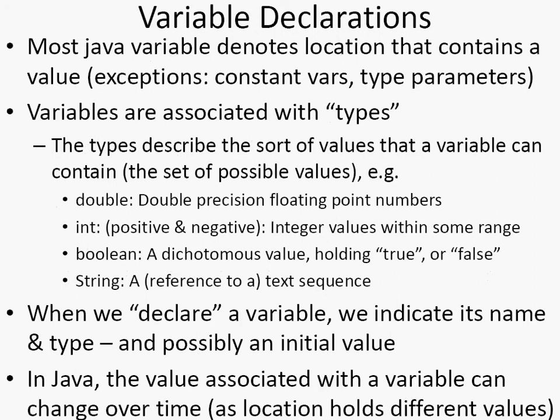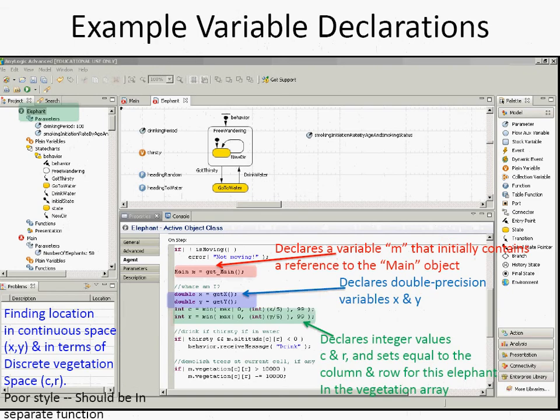Okay, so variable declaration. You can give nice names to values. It'll be something like this. I give a value x to my current value of x, get x.